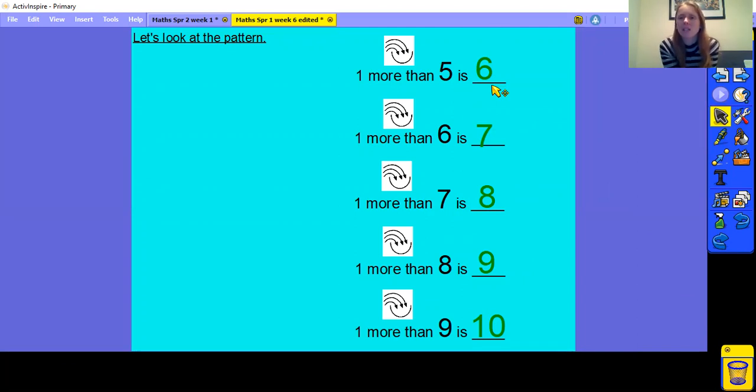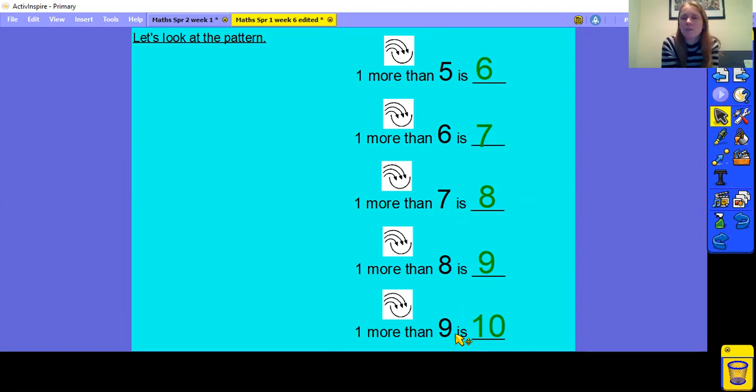Okay, now you've had a look at that, let's have a look together. So the first number, let's have a look at that first. 5, 6, 7, 8, 9. We're counting forwards with those numbers, and every time they are getting bigger.